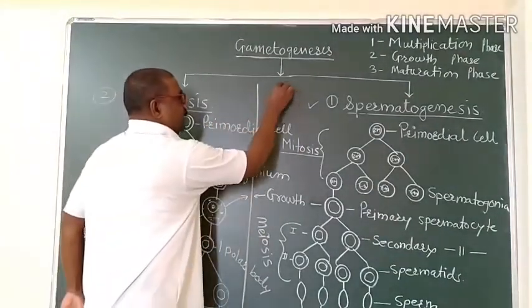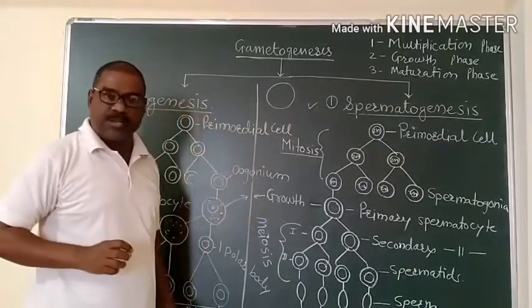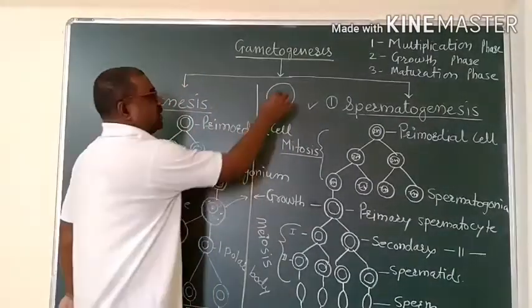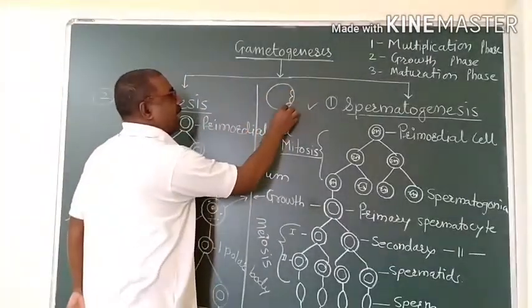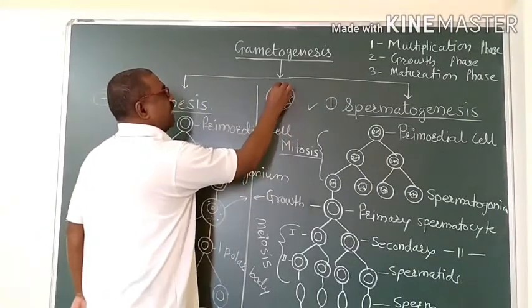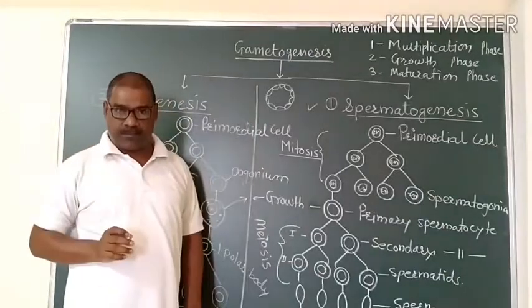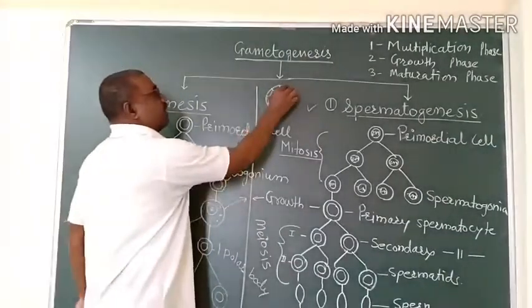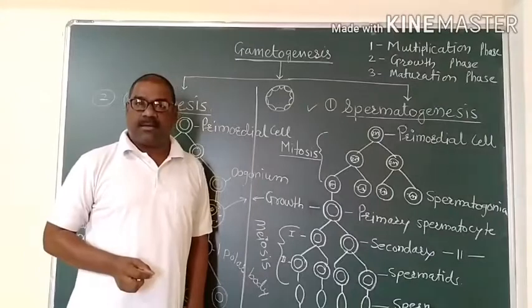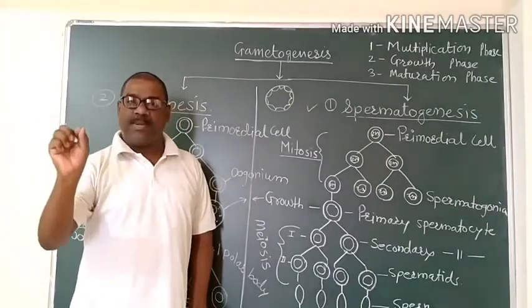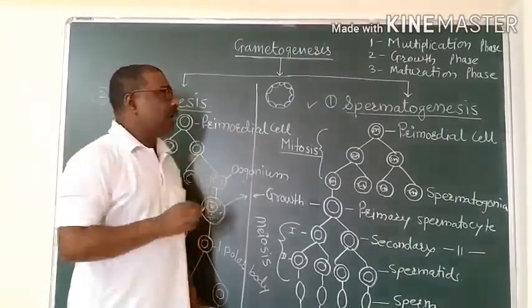Suppose this is the seminiferous tubule. This seminiferous tubule is lined by a single layer of cells called cuboidal epithelial cells. It is also termed germinal epithelial cells.